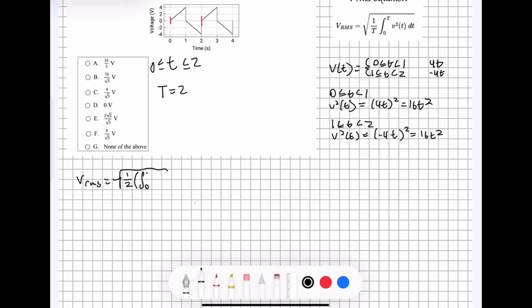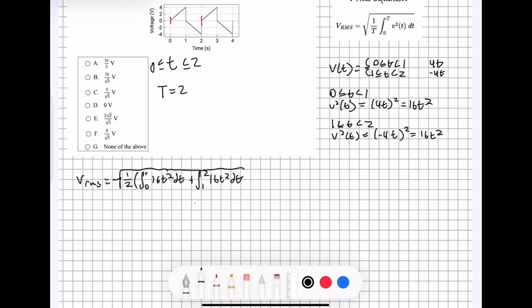So from 0 to 1, we have v squared, which we've already determined to be 16t squared. The integral of that, plus from 1 to 2, we're going to put in the v squared value that we found over there, which is also going to be equal to 16t squared. And all of this is under our square root.